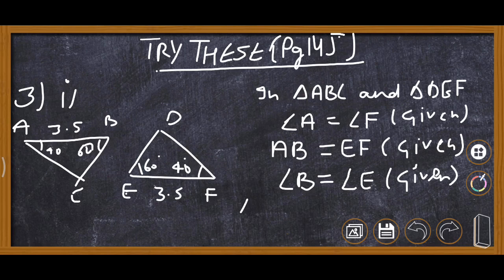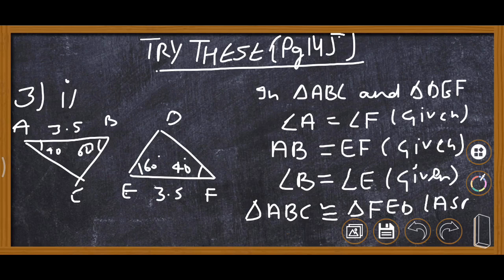So we will write triangle ABC congruent sign triangle FED by ASA.